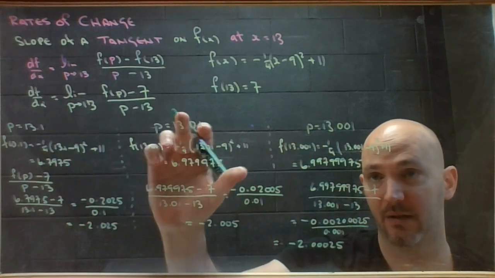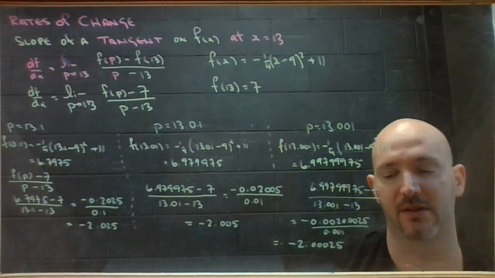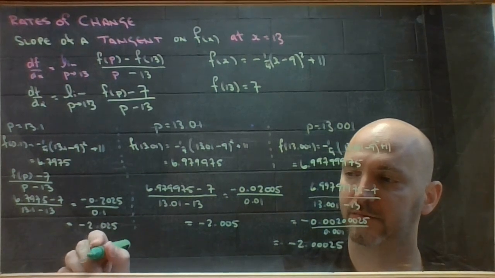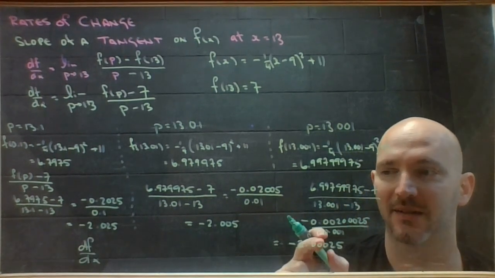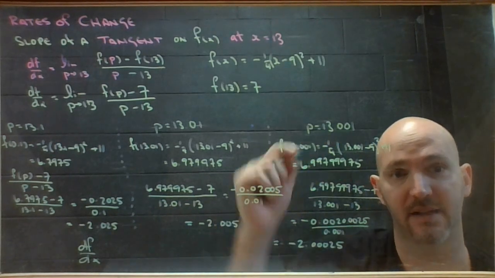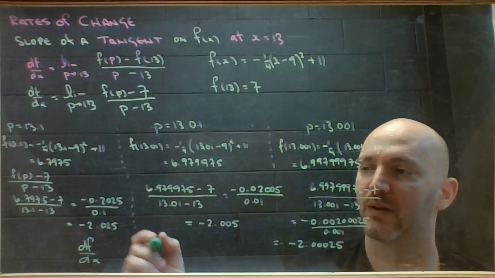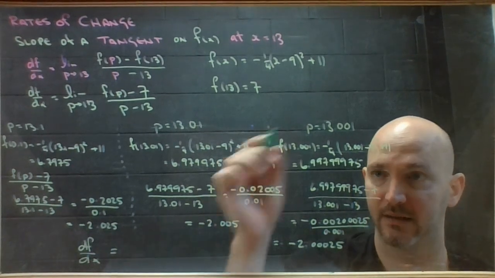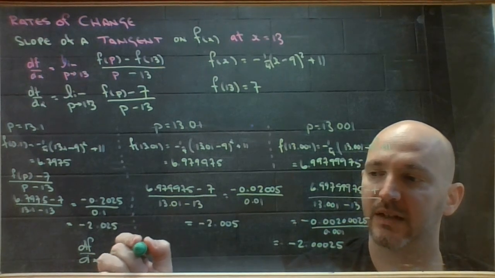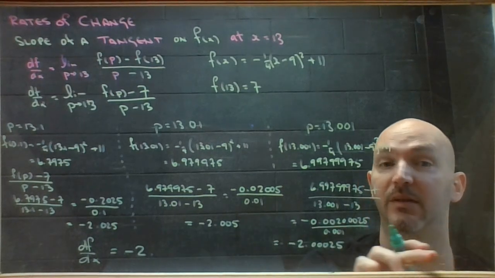Every time I add a 0 up here, I end up adding a 0 in here, but the front value never changes. So to actually get this answer, because this isn't the answer either, I have to extrapolate this pattern to as many zeros as I like. I need to actually land on 13. So if I were to add, I don't know, 10,000 zeros in there, my answer would be -2.0000000000000.